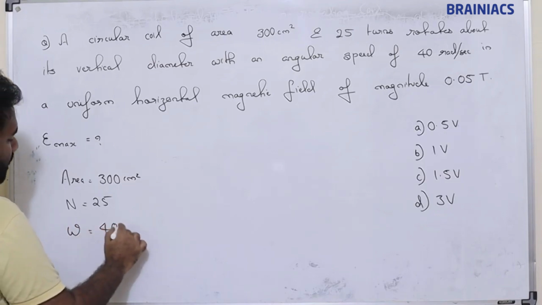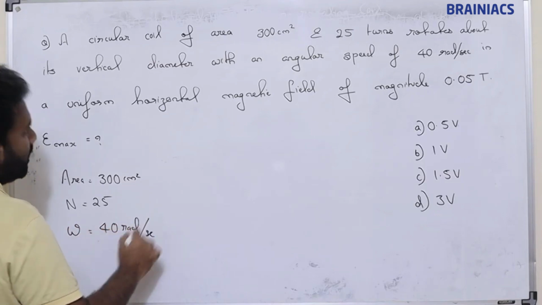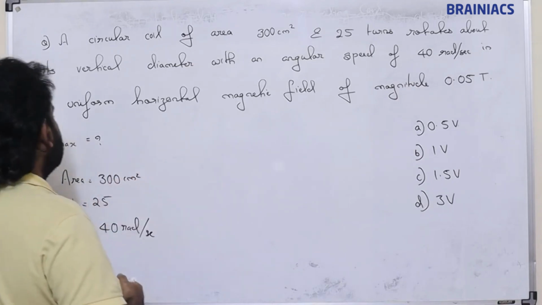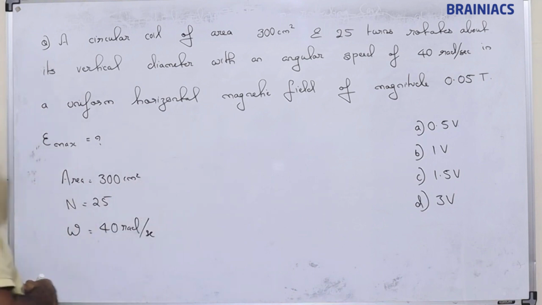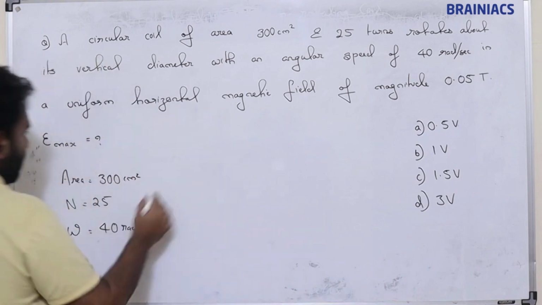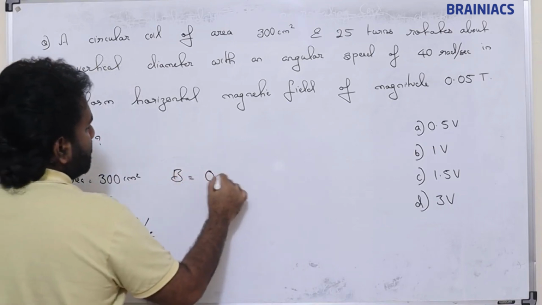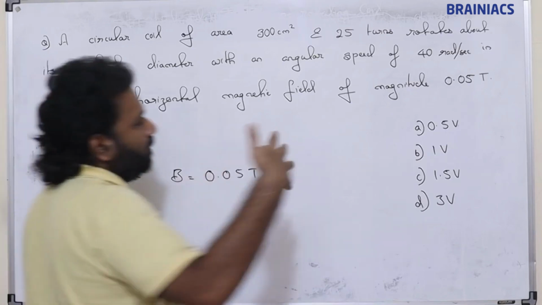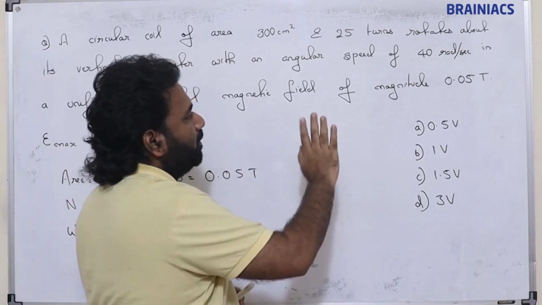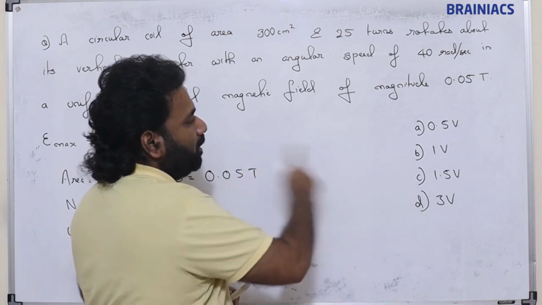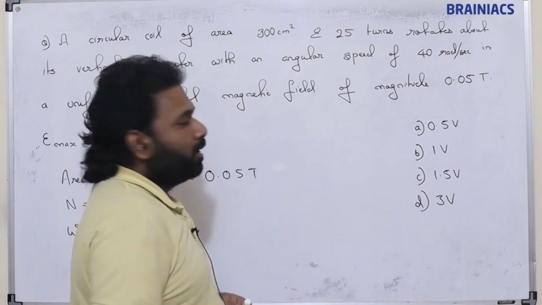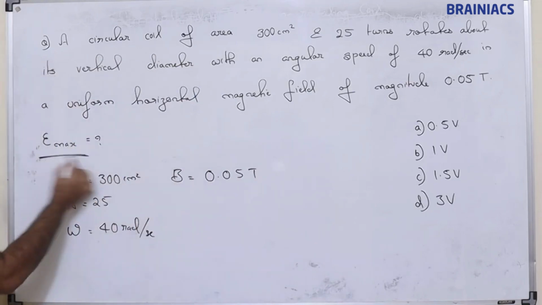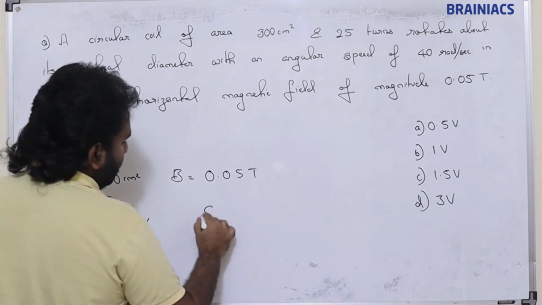So omega is 40 radians per second, in a uniform magnetic field of magnitude 0.05 Tesla. The question is, what is Emax, the maximum EMF?